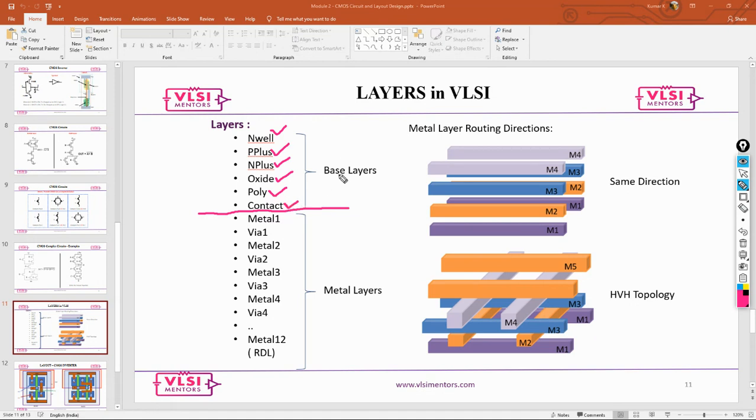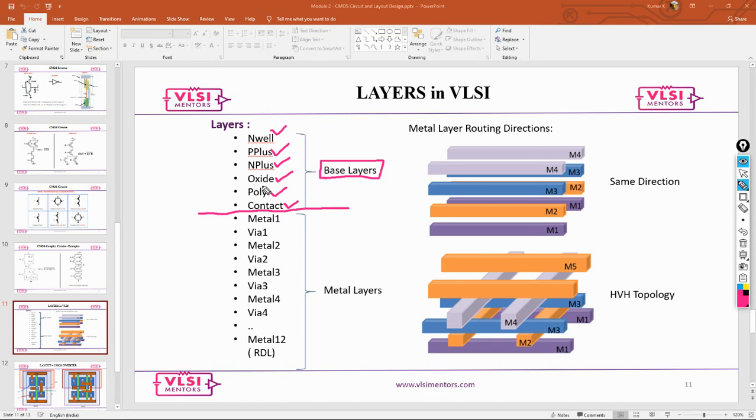These layers are known as base layers. These base layers are used mainly for fabricating a transistor. You definitely need them, otherwise you cannot form a transistor.